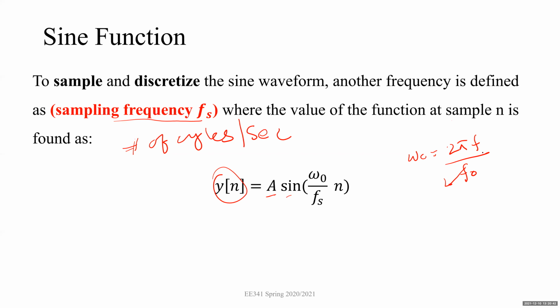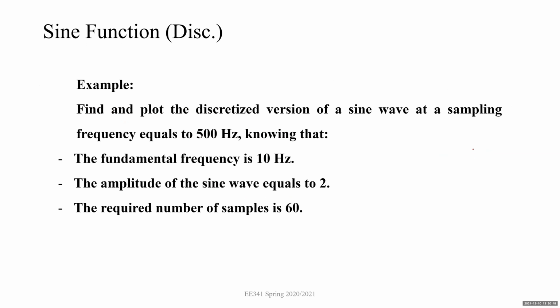This is the sampling frequency. This is the frequency of my signal. Okay. So whenever we have to plot a discretized version of a sine wave, we have to define its sampling frequency.